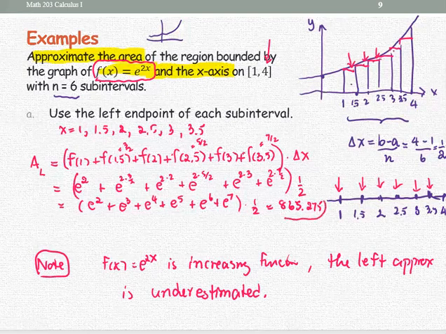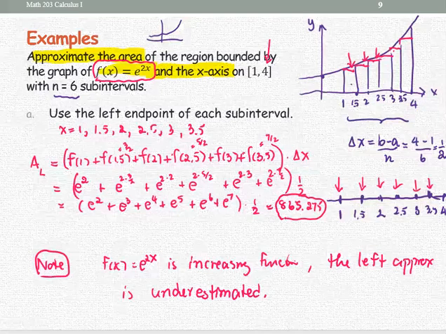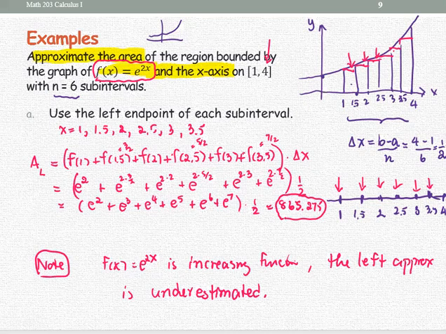So this approximation is technically much lower than the exact value. So that's the note or the observation. And I hope you can see clearly when we get to the second part, which is when we have to use the right endpoints to calculate it.